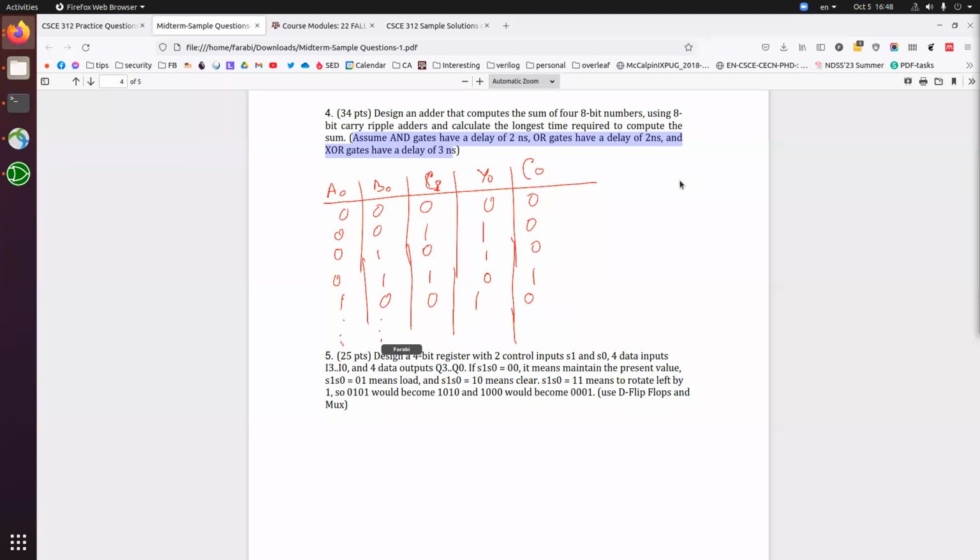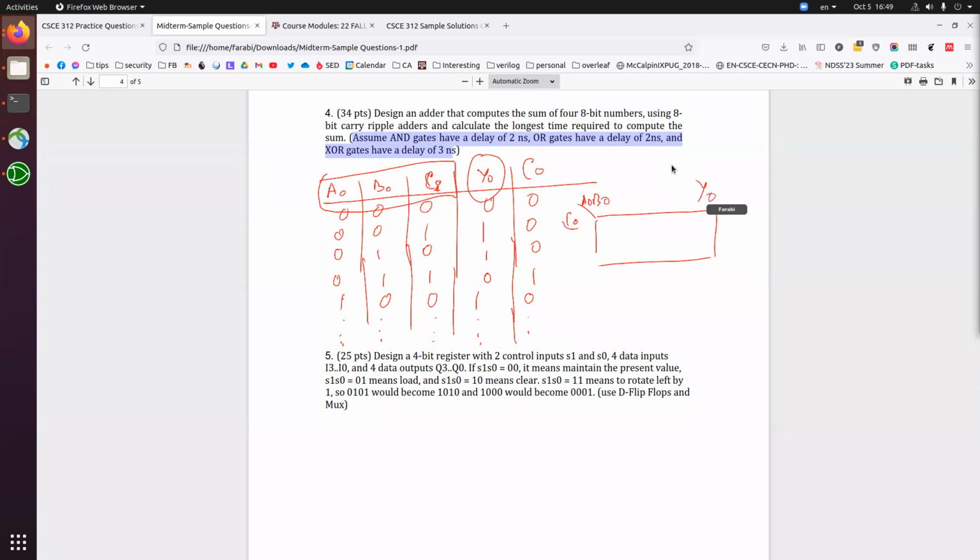So on and so forth. We can design the truth table from here, and from here we can work out the Karnaugh map, or K-map. We need to consider these 3 as the input, and this would be our output. Based on that, we can have a K-map of eight values, 3 variables. So maybe C0, A0, B0, and then this one would be for Y0.